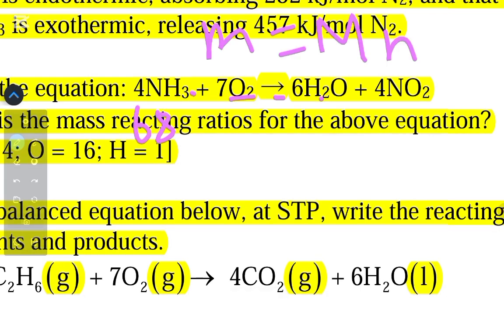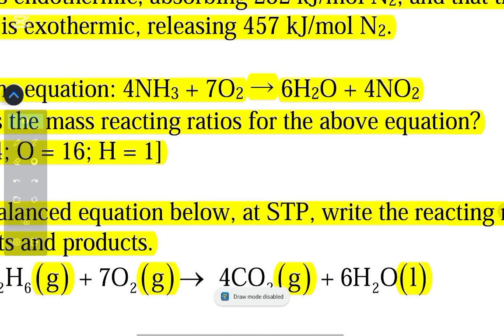Okay, next one, 7O2. O is 16, so O2 is 32. 32 times 7 is going to be 224. Then 6H2O. H is 1, so 2 H and O is 16, giving 18. 18 times 6 is going to be 108. And 4NO2.